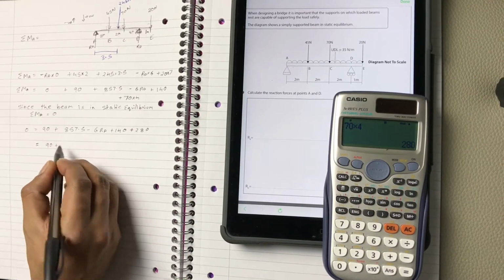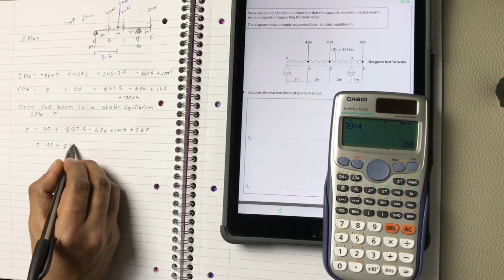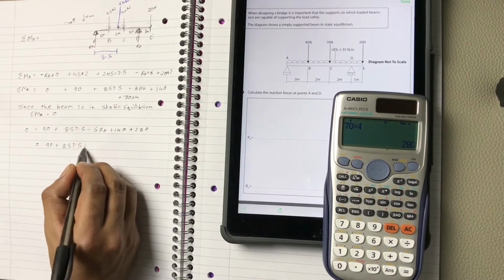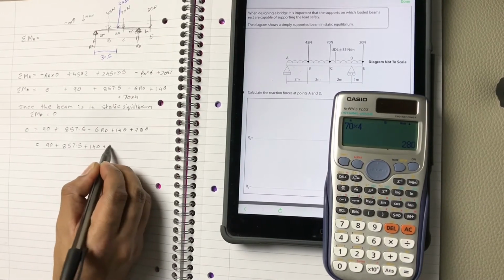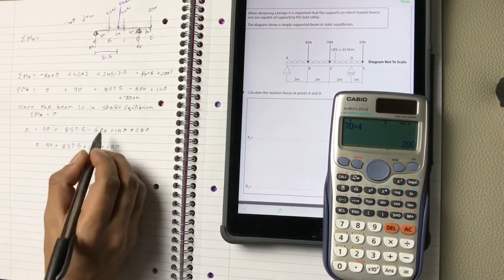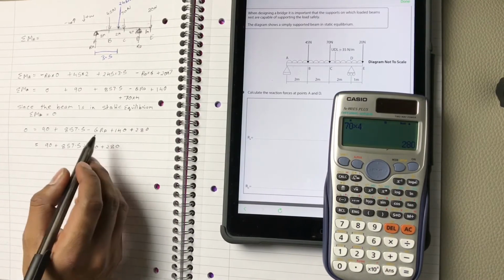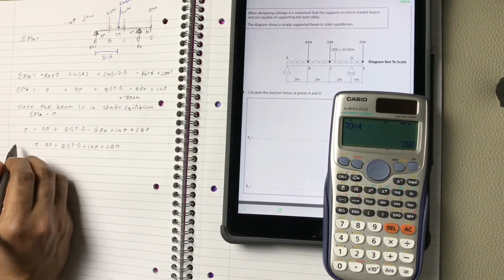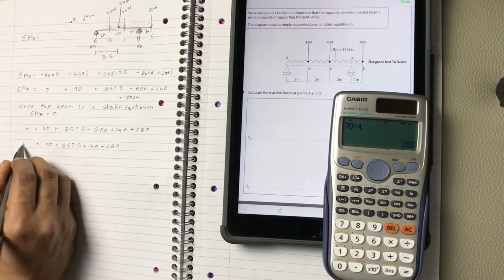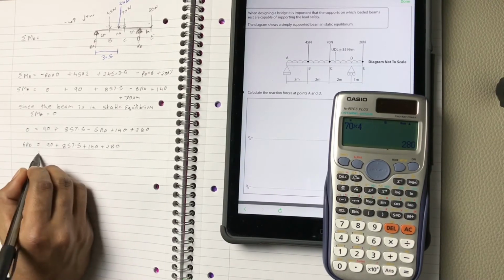So 90 plus 857.5 plus 140 plus 280 will be equal to minus 6 RD. When it goes on the other side of the equal to sign, it goes as positive 6 RD.